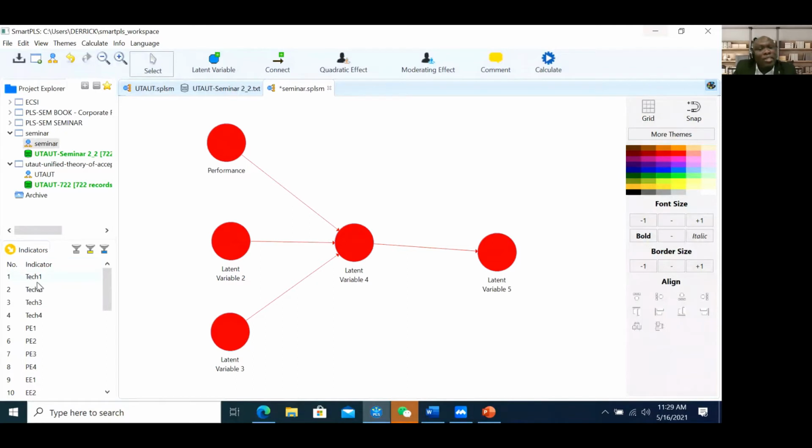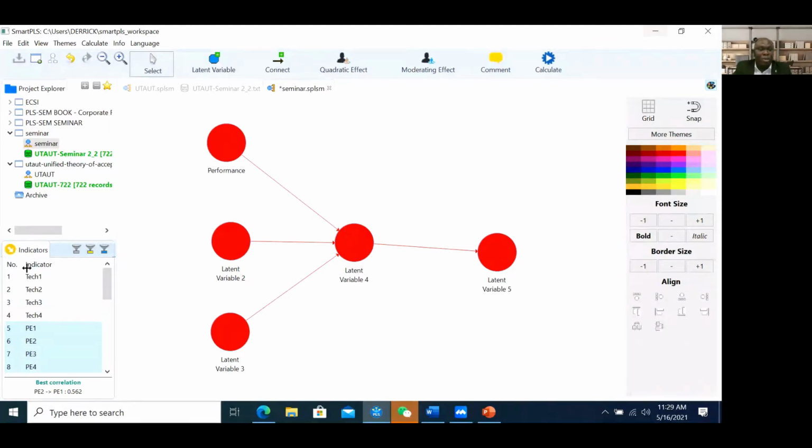Now, after you are done with that, then you go and you pick what we call the indicator variables, okay? You select them. So for instance, performance is PE1, PE2, PE3, all right? If you are following my mouse over here, to your left, you see the indicator.